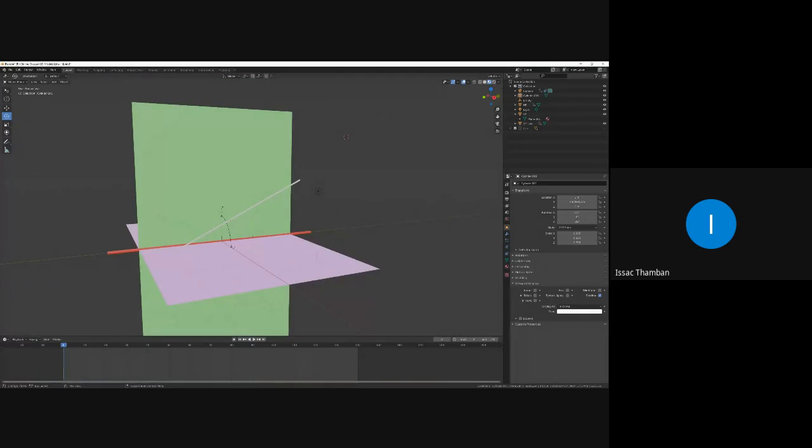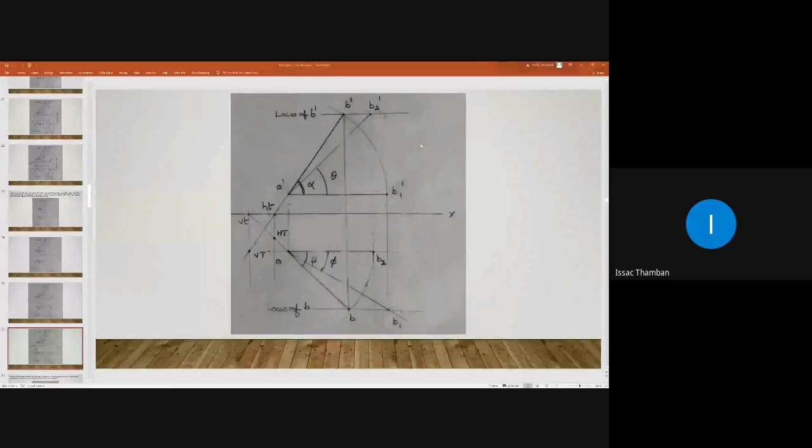Now I am returning to the PowerPoint. So we have finished the problem. Our final step is marking the dimensions. So what are the dimensions that you have to mark?